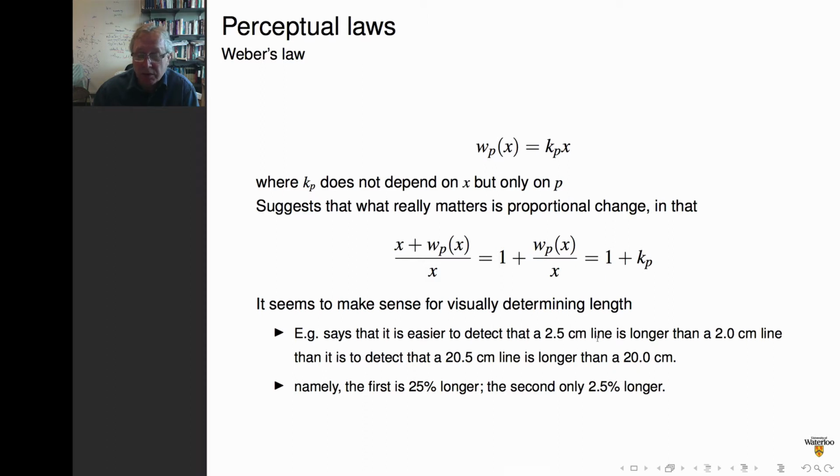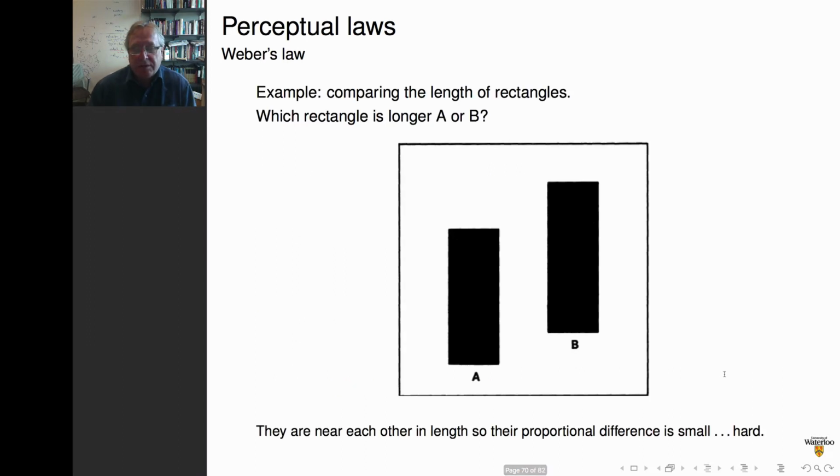The first is a 25% increase. The second is a 2.5% increase. So the proportionality constant is different in these two cases. And where it's larger, it's easier to detect. And we could see how that might be used to explain our perception in encoding data as lengths, for example.